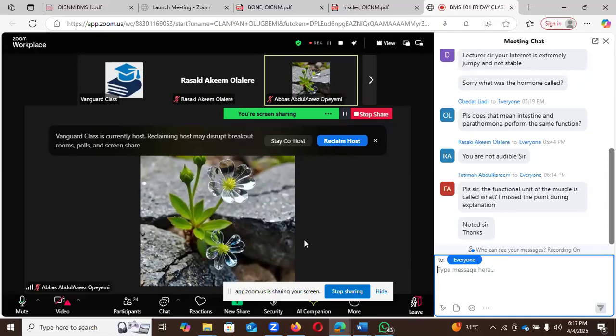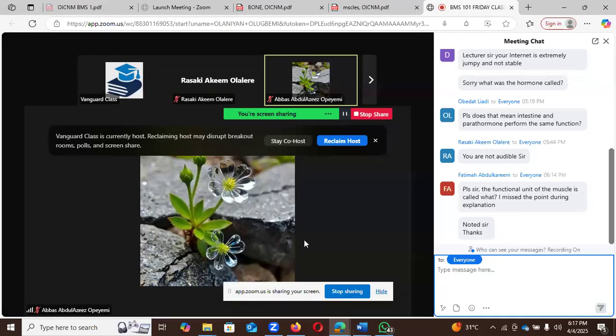Okay, somebody asked, does that mean that intestine and parathormone perform the same function? I think I understand what you are saying. Yes, they perform similar function in the sense that intestine helps to absorb calcium and phosphorus from food, and it is absorbed into the blood.